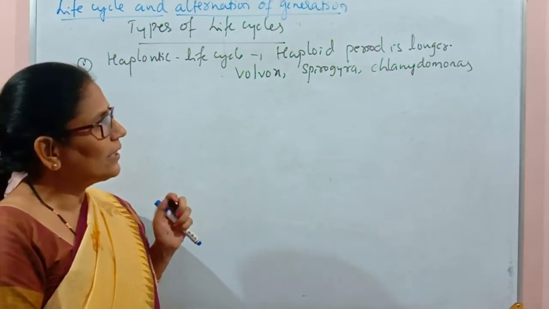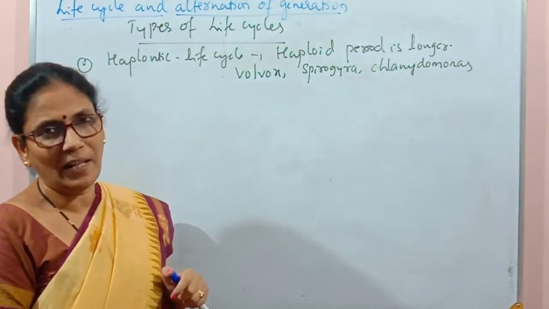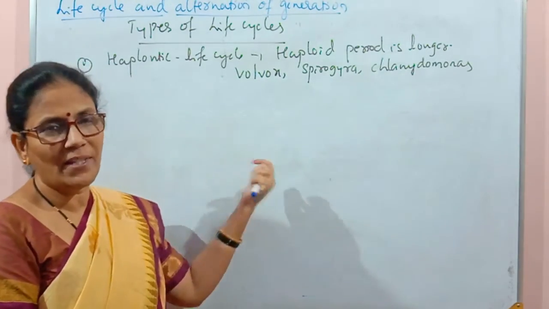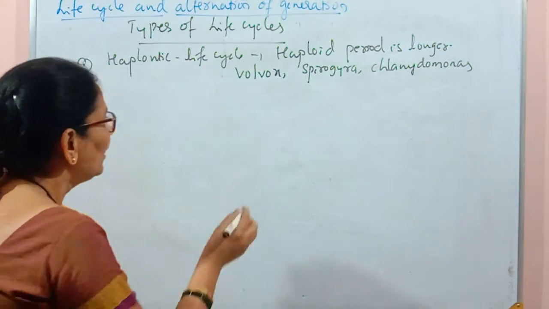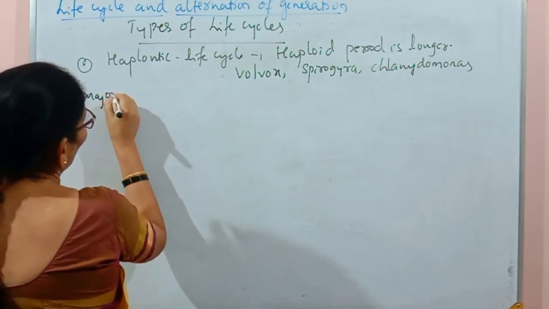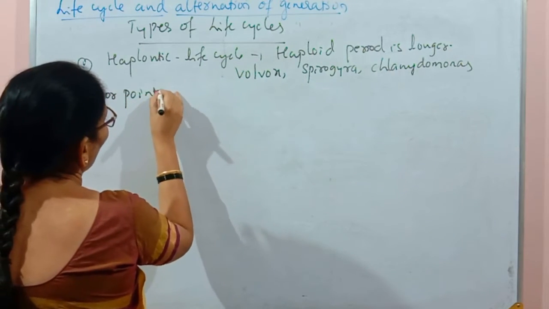First of all, we will discuss some of the key points of this life cycle and later we will draw the schematic diagram based on these key points. Now, what are the key points or the major points of this cycle?